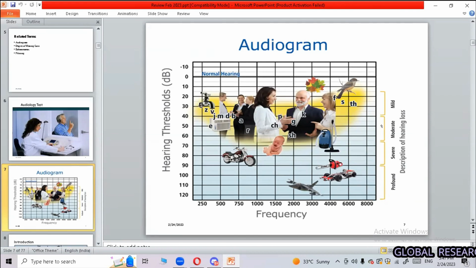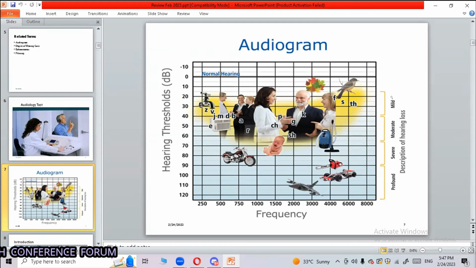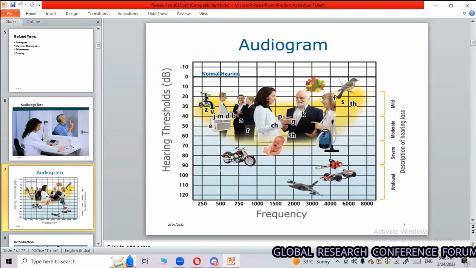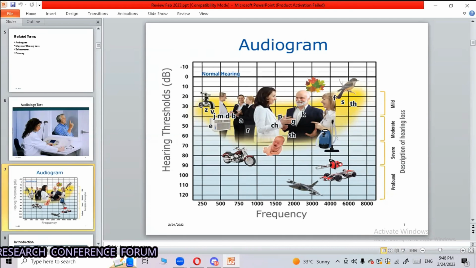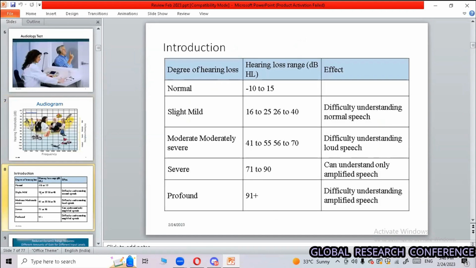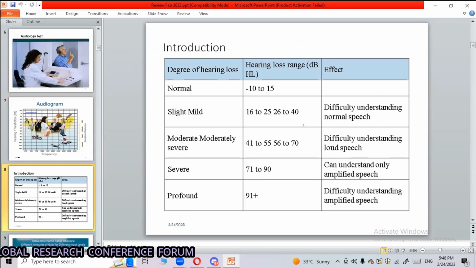A moderate hearing loss comes under the range of 30 to 60, and the mild hearing loss will come under 10 to 30. So in the paper which I have presented, I have plotted many audiograms, and I have commented on the result of the various patients. So this is a chart which shows the hearing ability of that person in decibels.